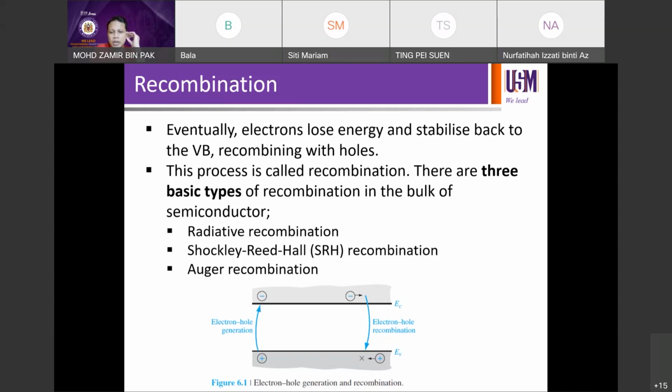For example, in a solar cell, you are already absorbing the photon with the right energy, so photogeneration already took place. Then you've got your free electron-hole pairs available in the material, but they cannot be collected due to recombination. So in that sense, it's bad, right?